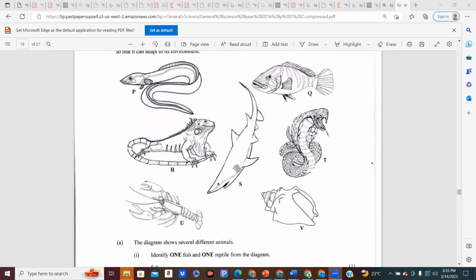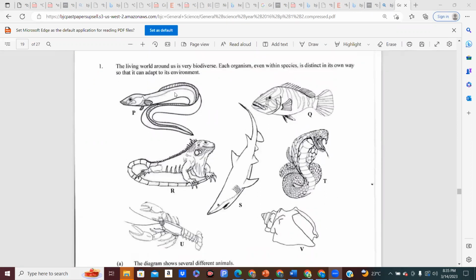So here we have a diagram of different sea animals. What is P? Anyone can answer. Snake. That's an eel, not a snake. What is Q?